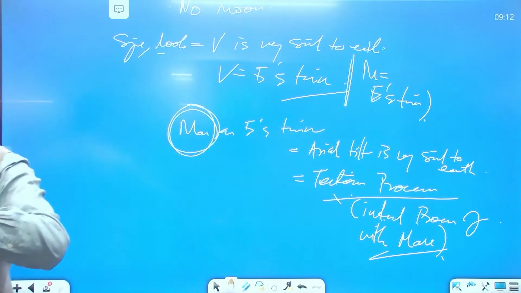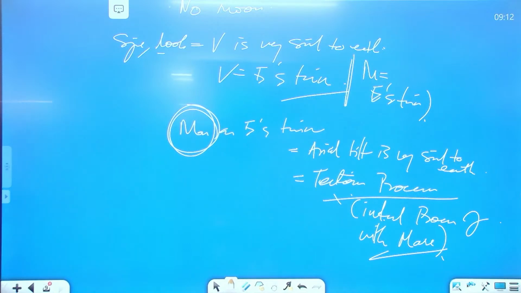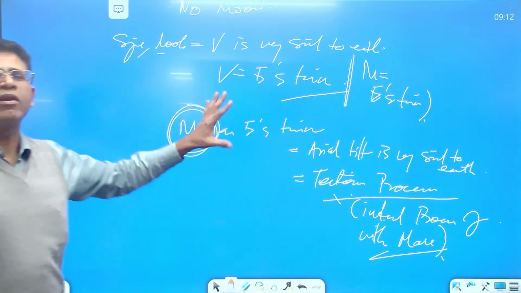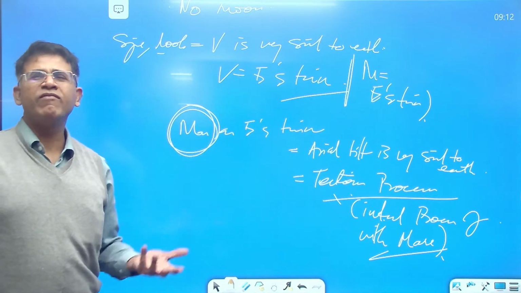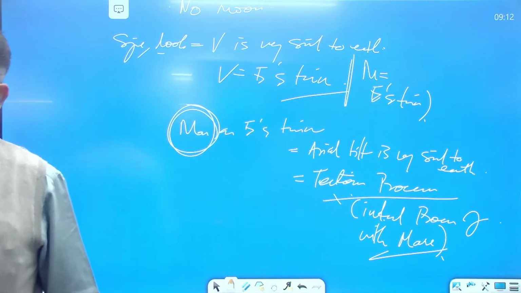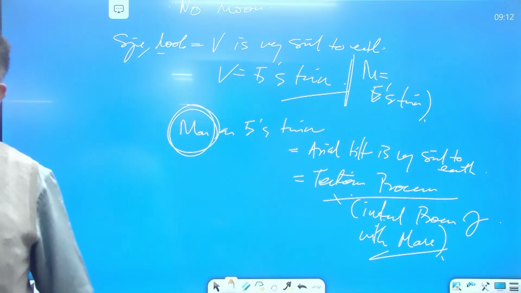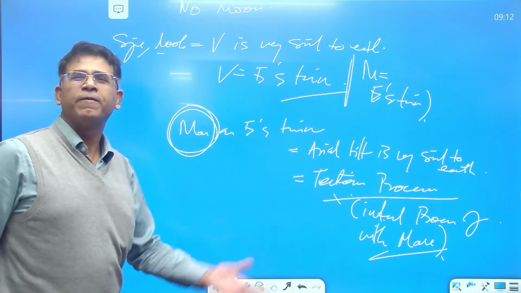That's why some call Venus Earth's twin. Others say no, Mars is more like Earth. That's why when we talk about habitation or colonies, we look at Mars more.